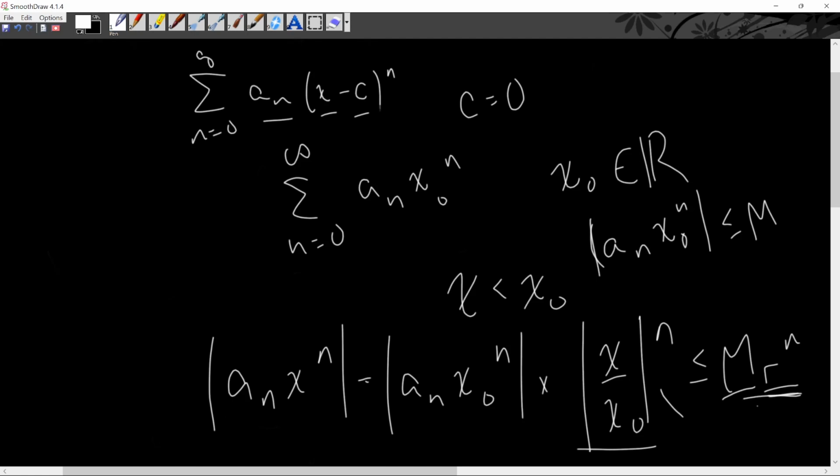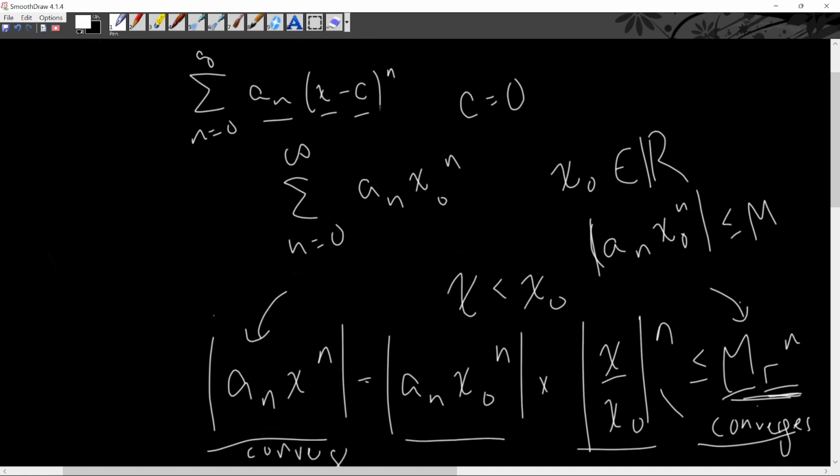Since this is a geometric series that converges, by the direct comparison test, since this series is clearly greater than this series, I'll just put a little arrow. This series is greater than this series. That means that since this series converges, this series also converges.